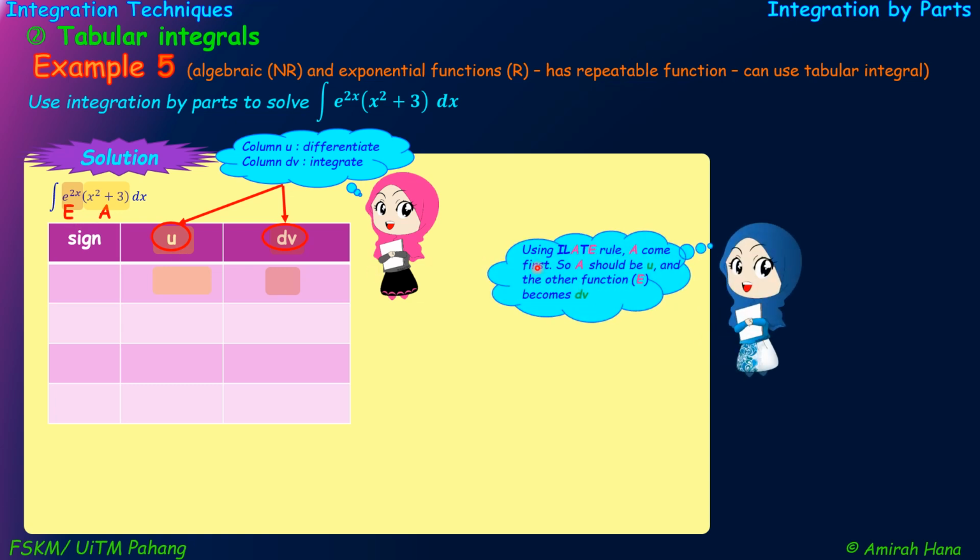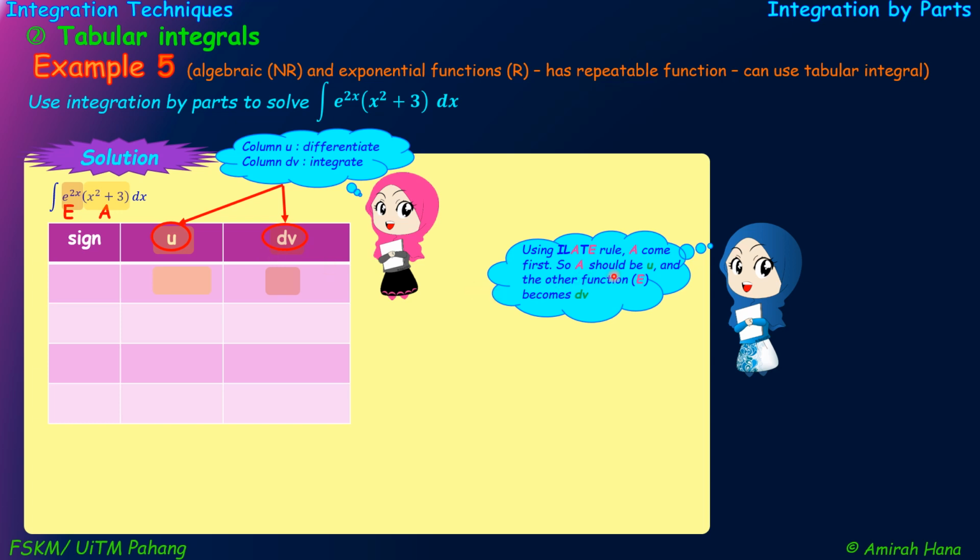Using the ILATE rule, I-L-A-T-E, A comes first. So, A should be u, and the other function, which is the exponential function, becomes dv.